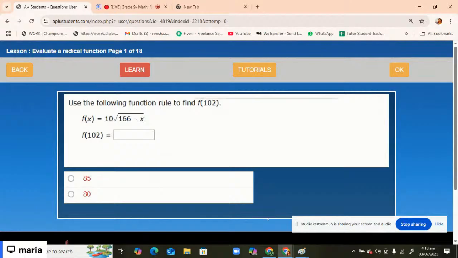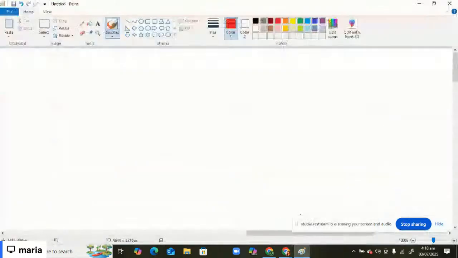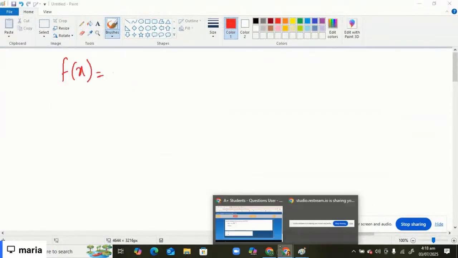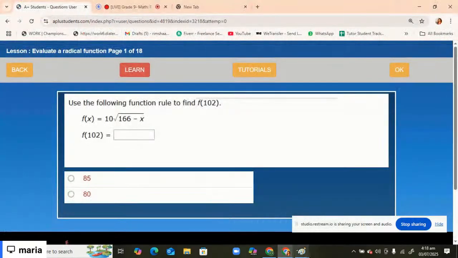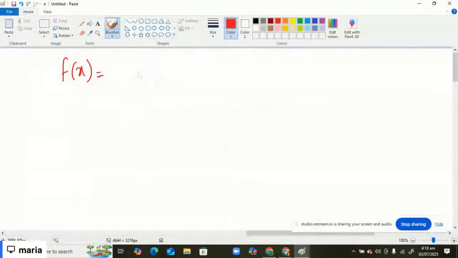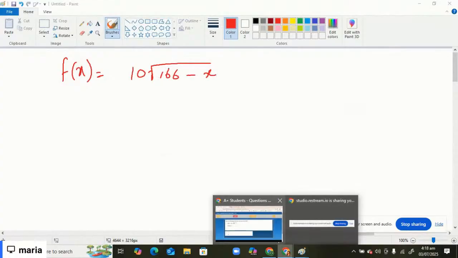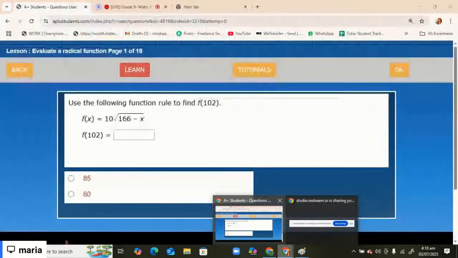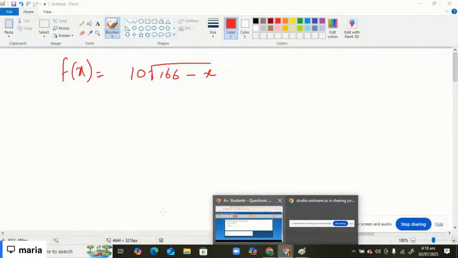So f of x is equal to 10 into the square root of 166 minus x. And what is the value of x? Which is given, that is 102.